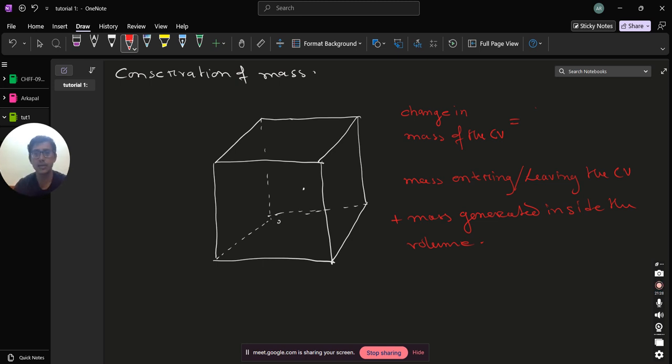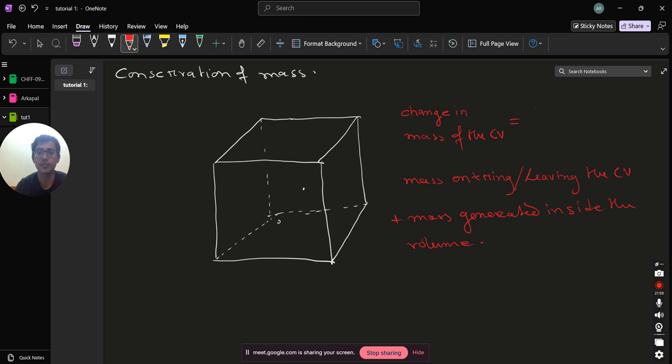You understand, right? So for example, say you have a tank, a water tank. There is an inlet and there is an outlet, and inside there is some imaginary mechanism from which water can be generated or destroyed.